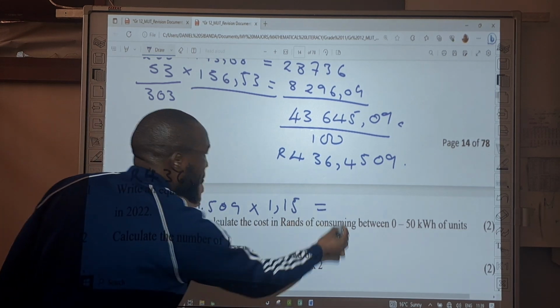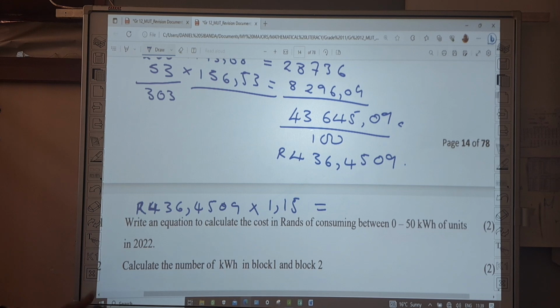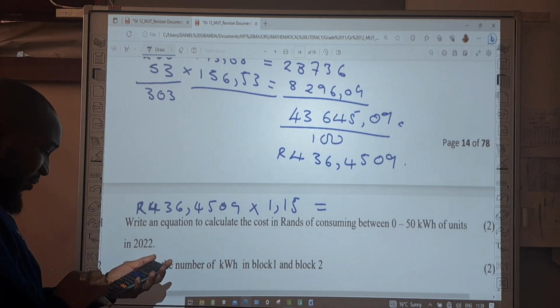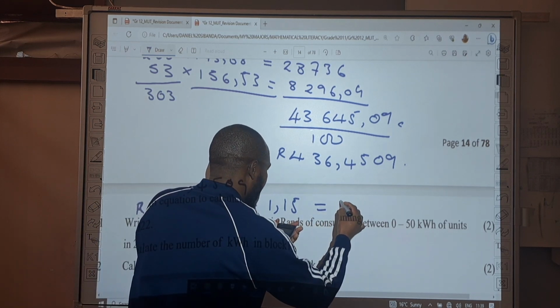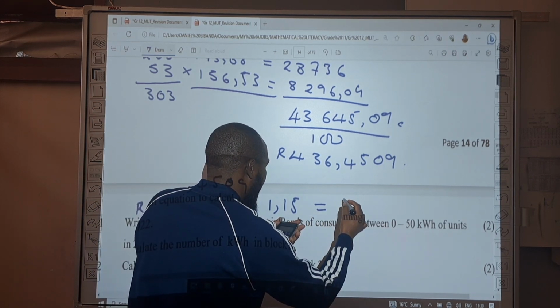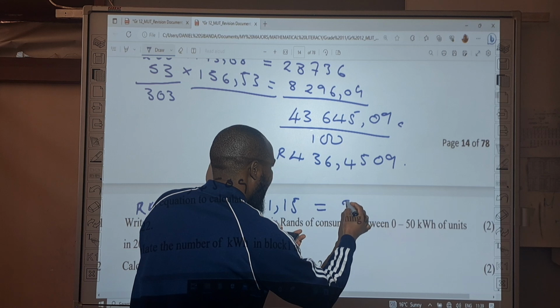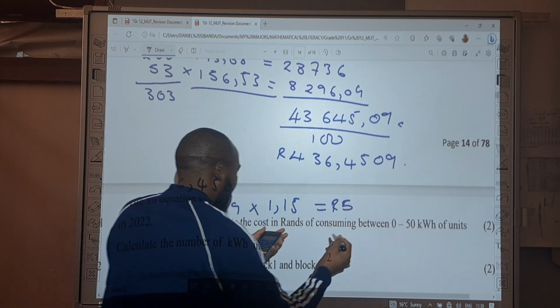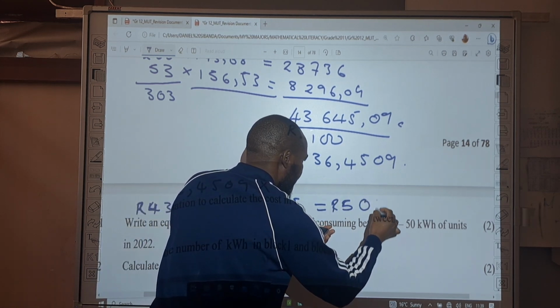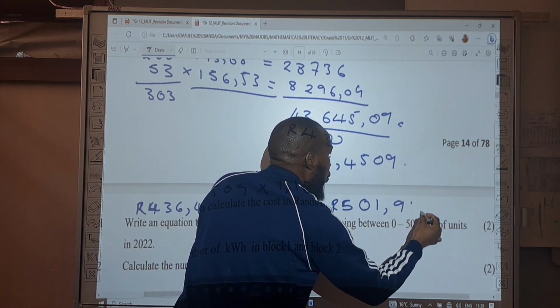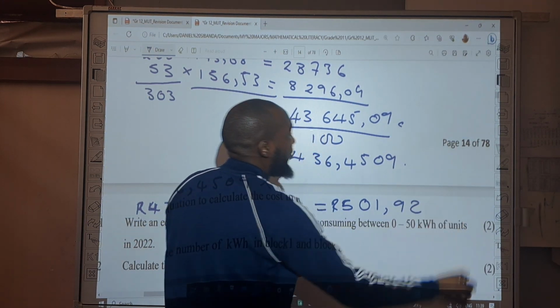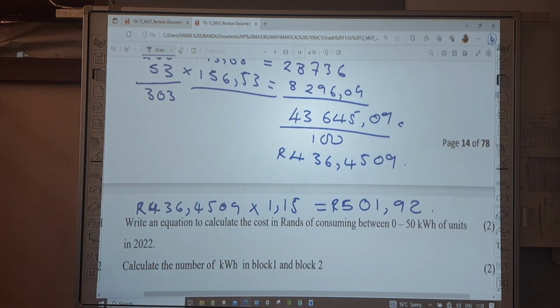Most of our teachers use this strategy: just multiply your answer by 1,15. Then the total amount they are going to pay is going to be 501 rands, 92. Perfect. That's it.